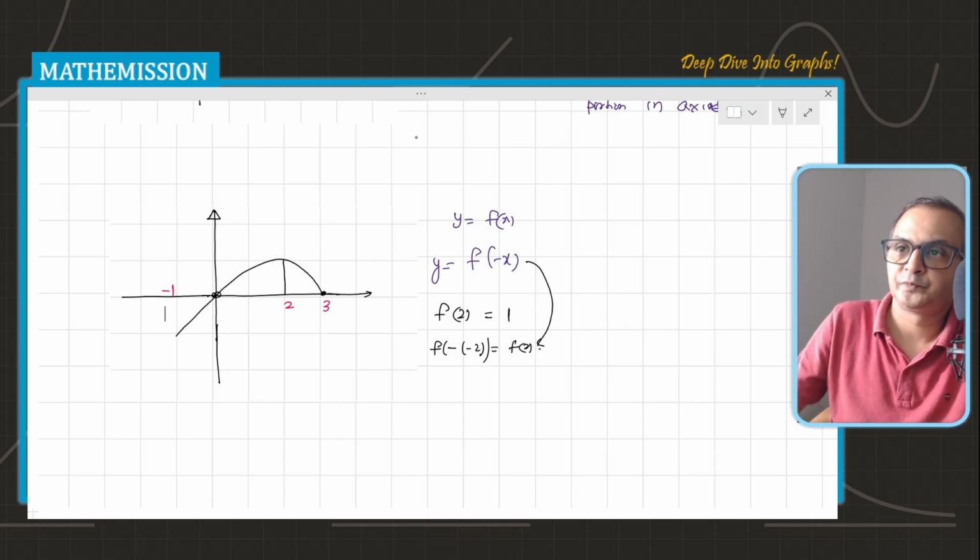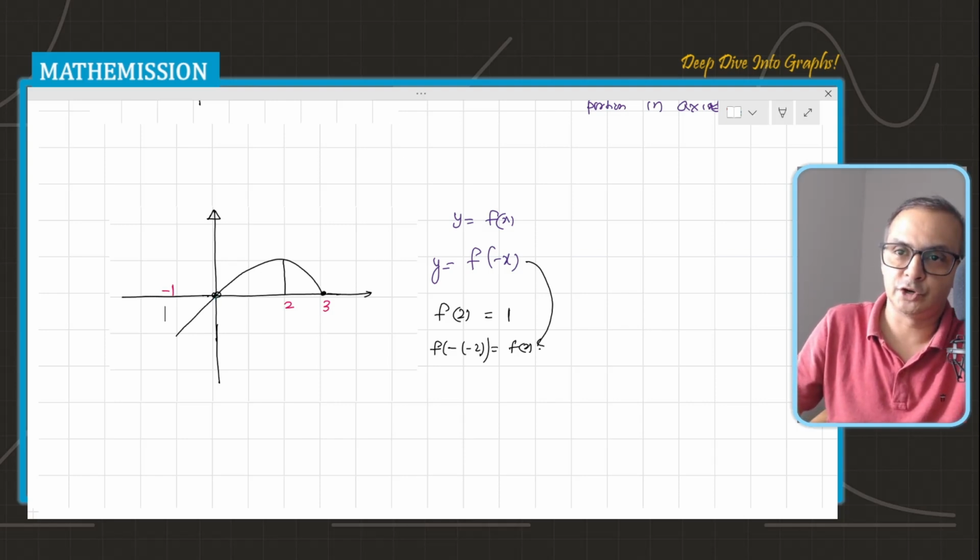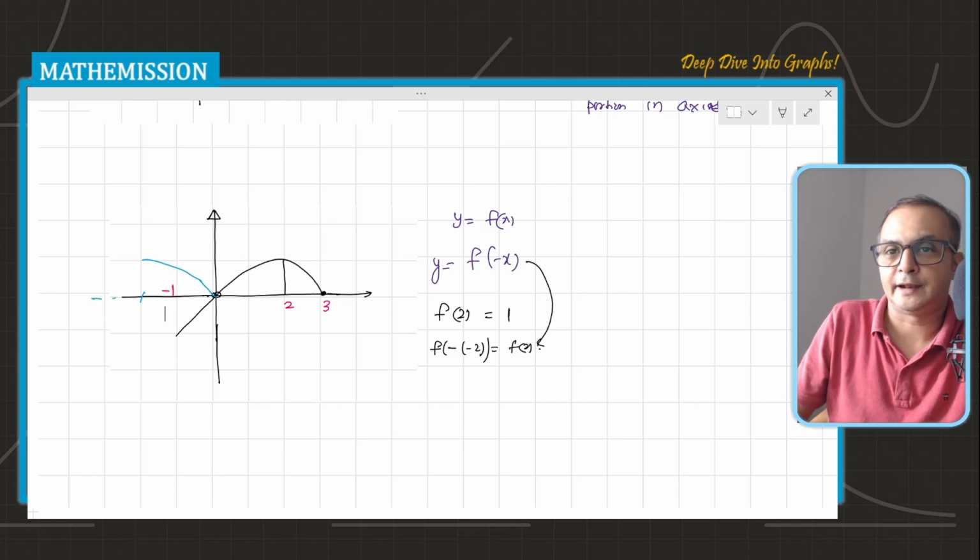It means the new graph should look like that. At negative 2, it should give you the value 1, and at negative 3, it should give you the value 0. And this portion will go this side. And this is the graph of f of minus x.